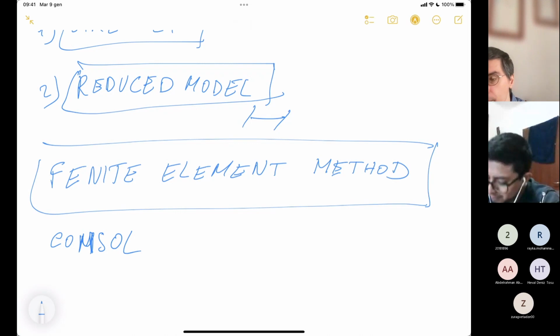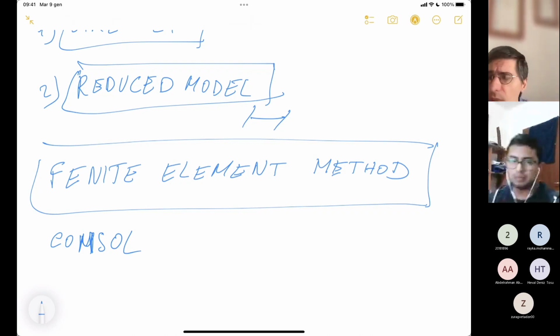So we will see some results from the model that we build. In the other semester, in the course of computational mechanics, I will go into details from a theoretical point of view. What is a finite element method? What it means that we have to make an approximation of the solution in some way.